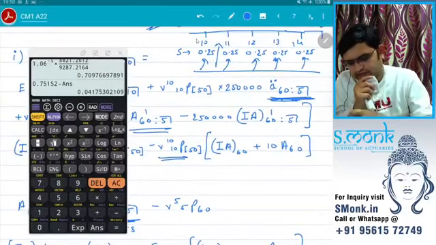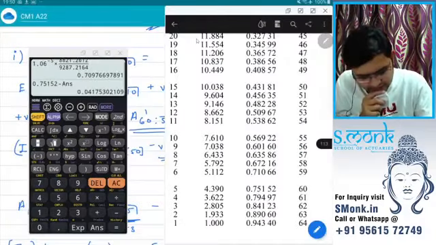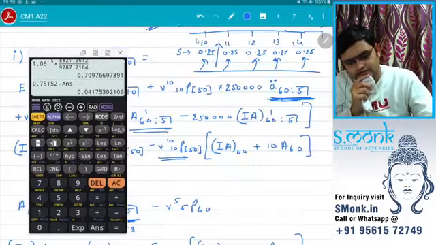This value directly we can take, 4.39. Just write it here.